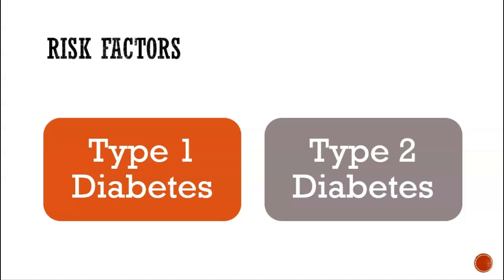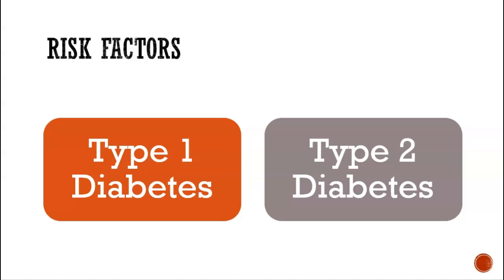Family history. So if parents or siblings have type 2, you are more likely to have type 2 as well. We're not really sure why, but we know that race plays a role. People of certain races, including Blacks, Hispanics, American Indians, and Asian Americans, are at higher risk.